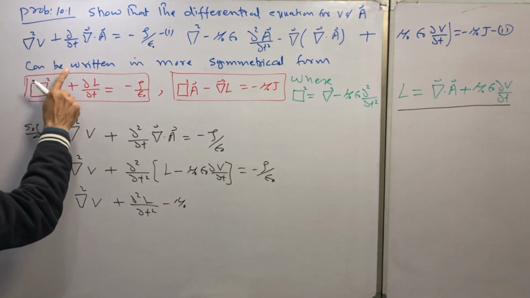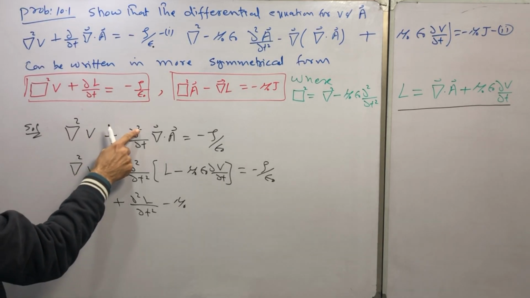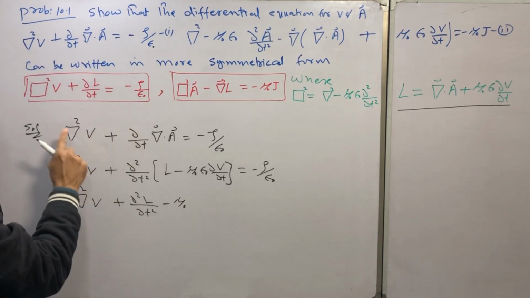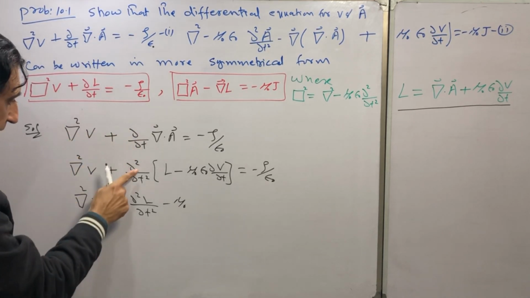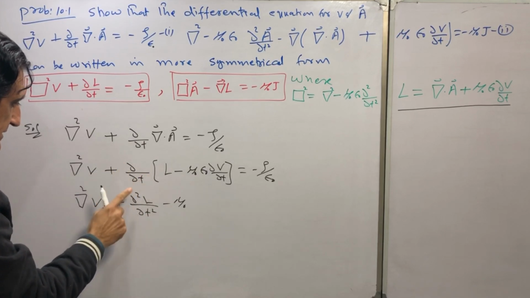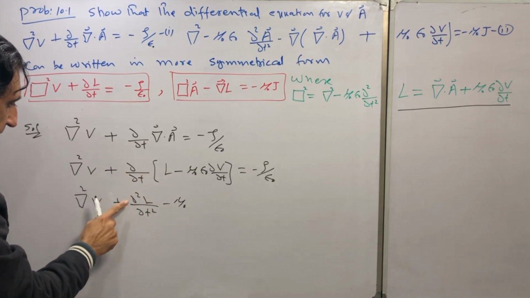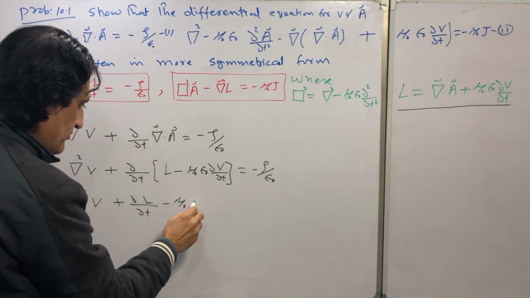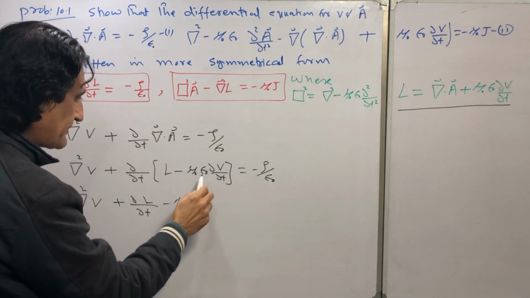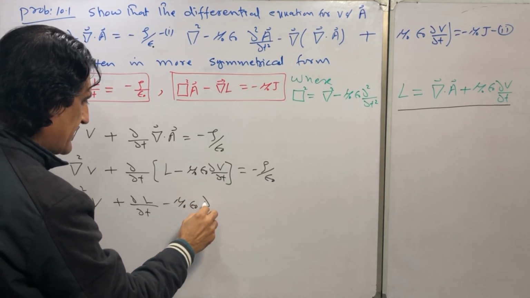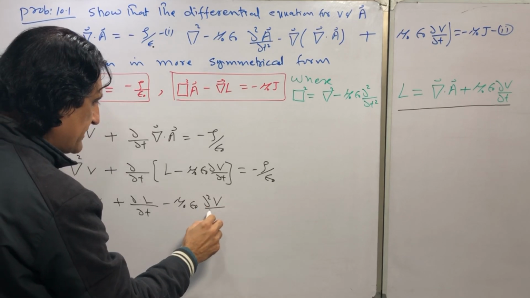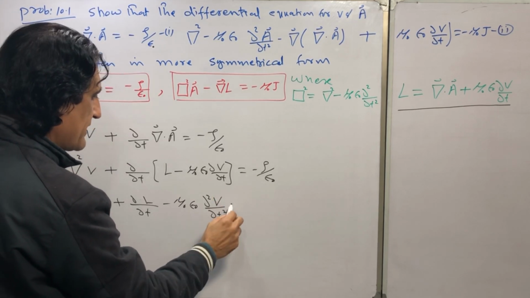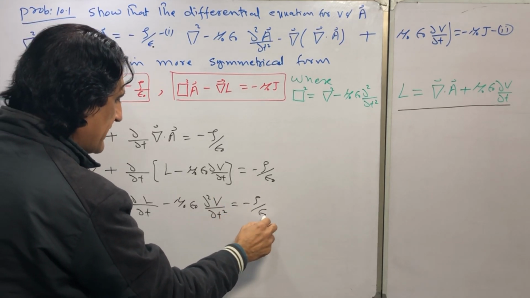One thing I have written wrongly: this is not partial square, this is just partial divided by partial T, so this is a mistake. So partial L divided by partial T minus mu naught epsilon naught partial square V divided by partial T square, which is equal to minus rho divided by epsilon naught.